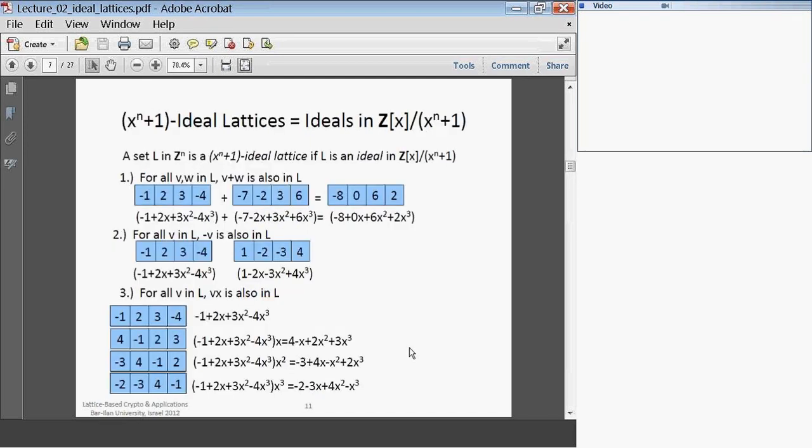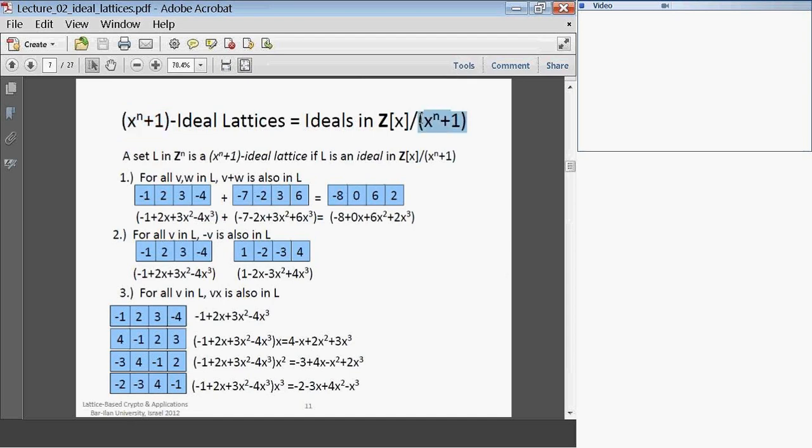Now let's look at the definition of ideal lattices. In this case, we're looking at the case where n is a power of 2. So it's a specific case where we're dealing only with powers of 2. And x^n plus 1 ideal lattices are equivalent to ideals in polynomial rings.